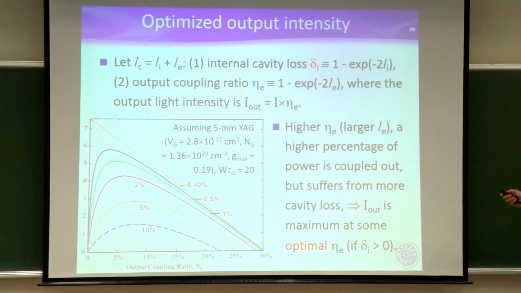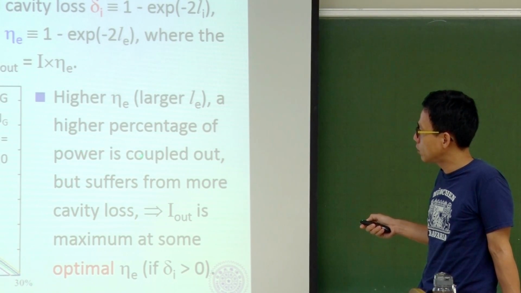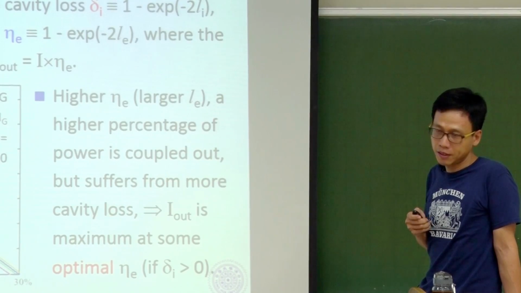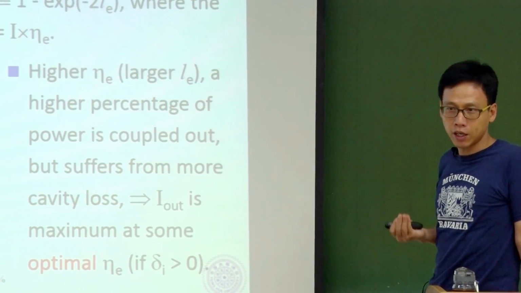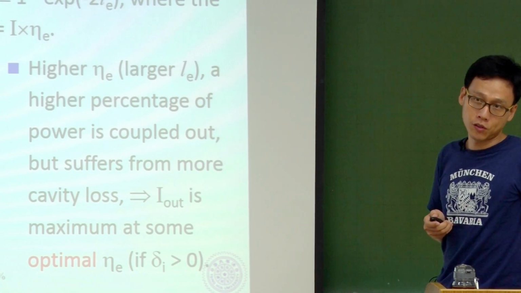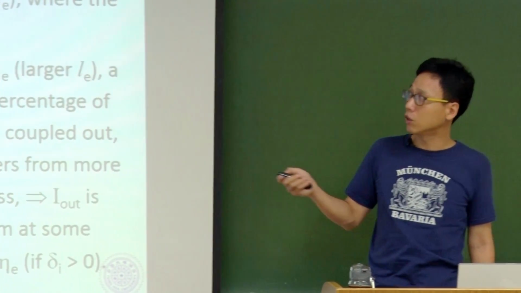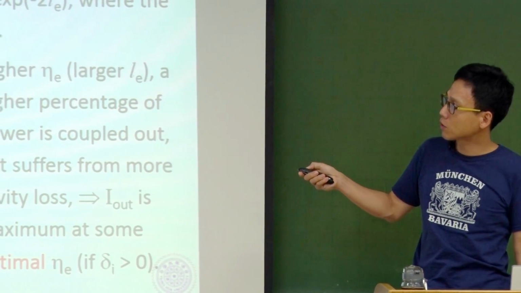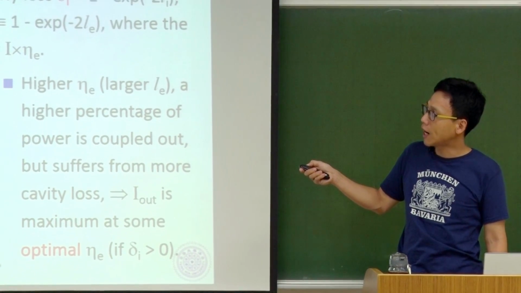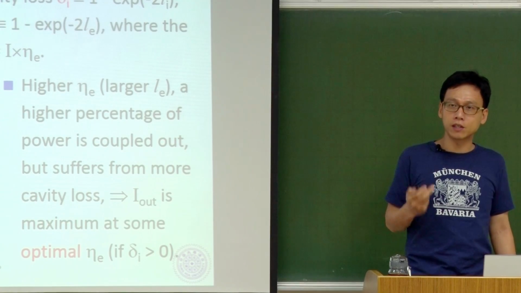It's analyzed like this. You have a larger output coupling ratio, eta sub E. You have a higher percentage of power which can be coupled out. This is good for your application, but you will also suffer from more cavity loss, right? Because output coupling is also part of the cavity loss, as shown here. The cavity loss coefficient LC is Li plus Le. If you have a larger Le, your cavity loss is bigger.